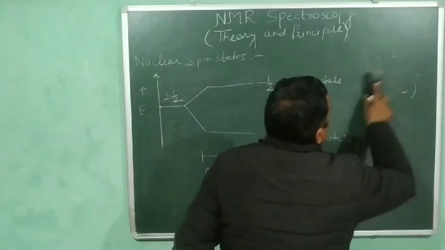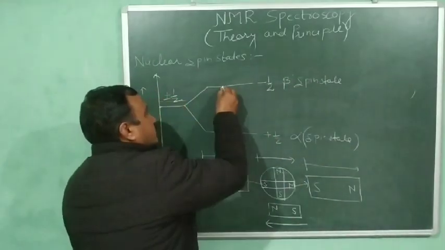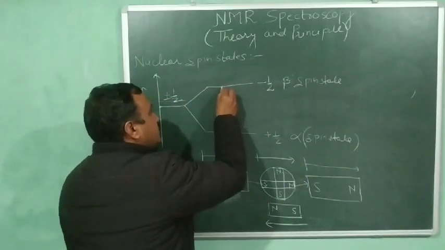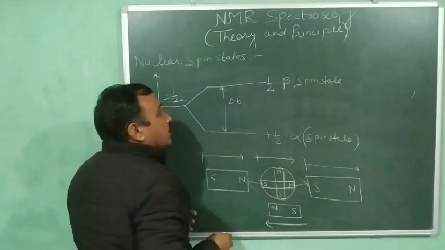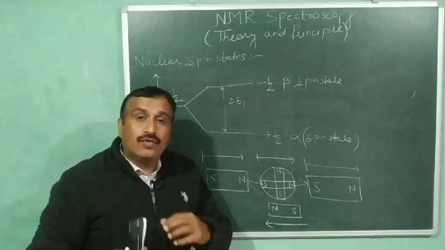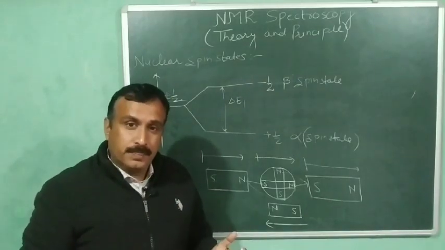Now friends, this energy difference between the two nucleus spin states depends upon the strength of the external magnetic field.